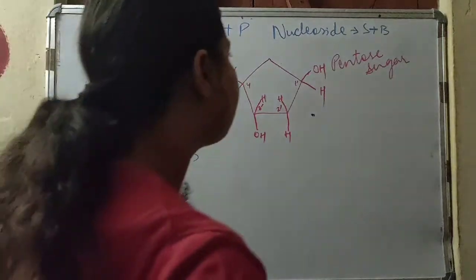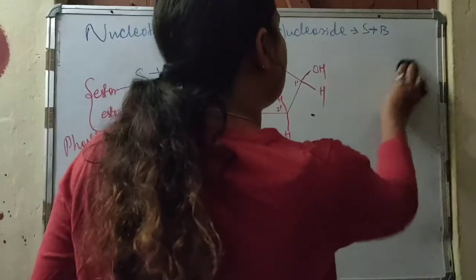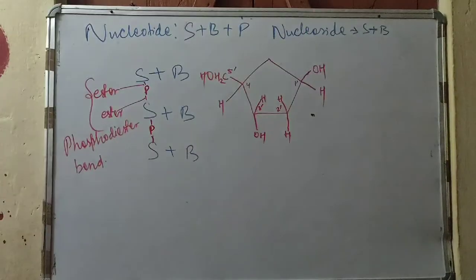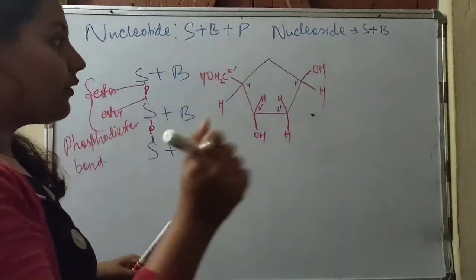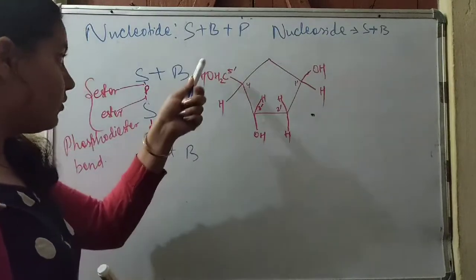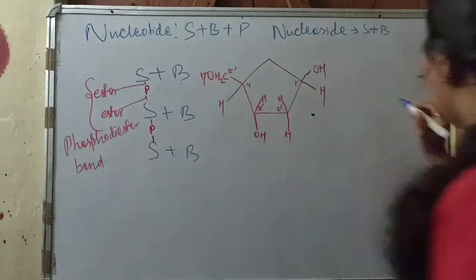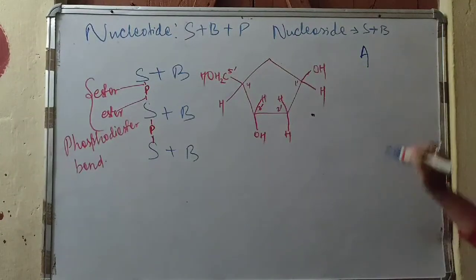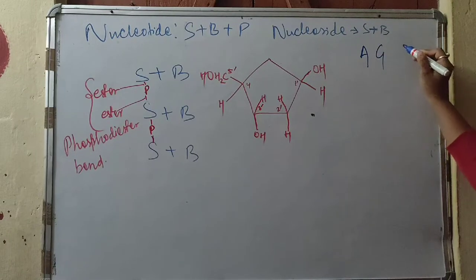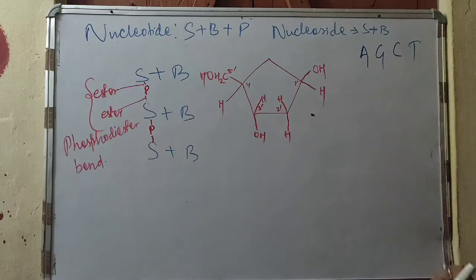Now how they are forming a pair is, we know there are 5 nitrogenous bases: adenine, guanine, cytosine, thymine, and in case of RNA we have uracil, right?